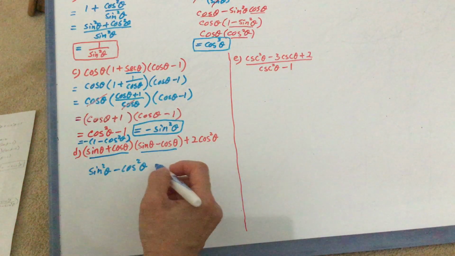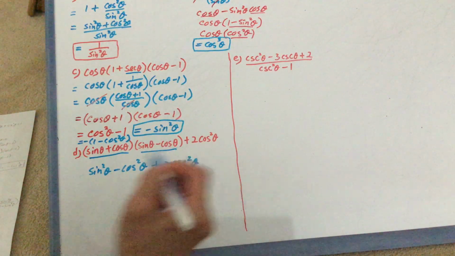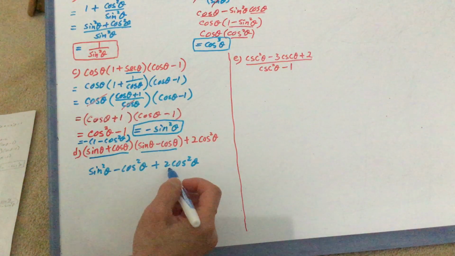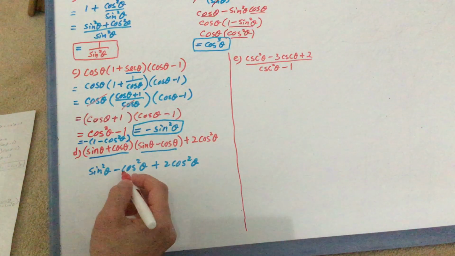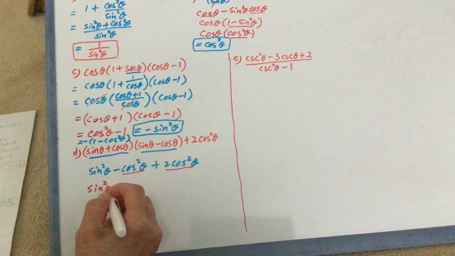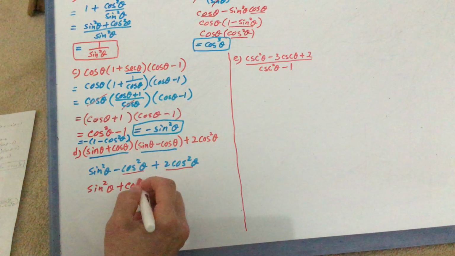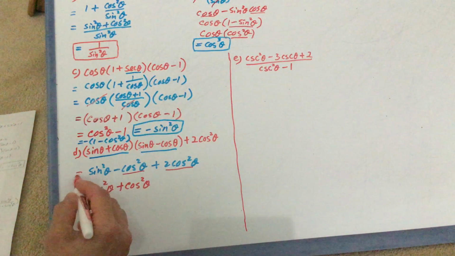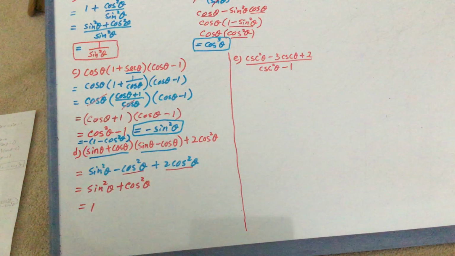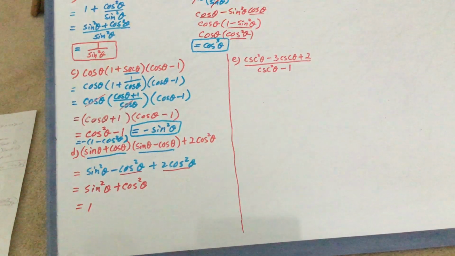Together with the plus 2 cos square theta, this is the like term. So when you combine this, you have sine square theta plus 1 cos square theta, and that basically is going to be equal to 1 because this comes out to be the Pythagorean identities. Okay, so that is part D.